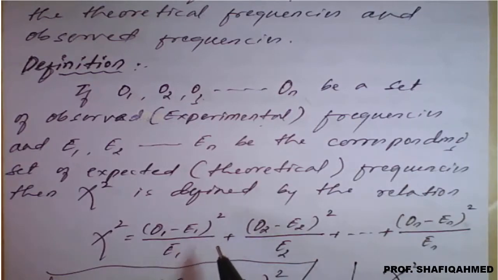Here we are mainly dealing with examples based on binomial distribution and Poisson distribution. Already we have seen examples based on binomial and Poisson distribution, so we will make use of them to get the result of chi-square distribution here.